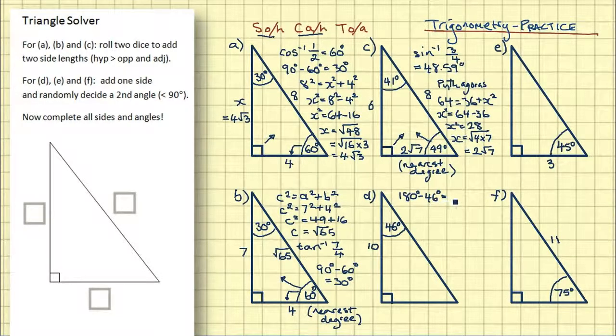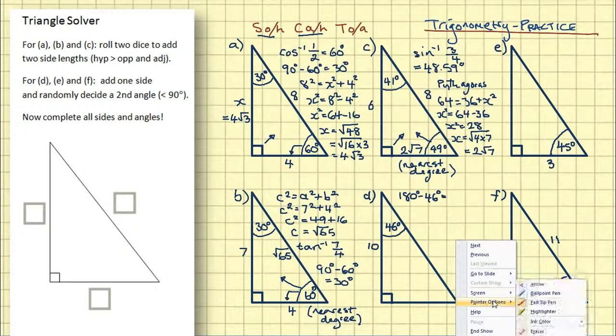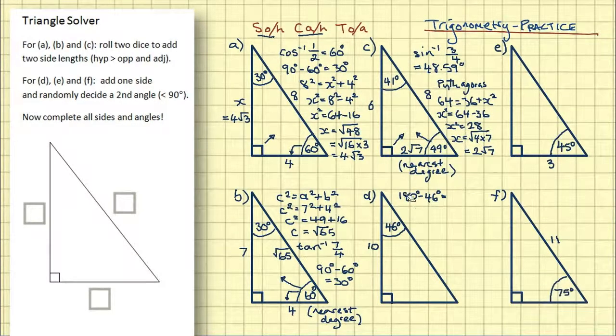Sorry, again, I keep making the same mistake. This should be 90 subtract 46, obviously, because I've already got my 90 degree angle. So 90 subtract 46 is going to give me 44. So there we go, there's our missing angle. Fill that one in, like that.